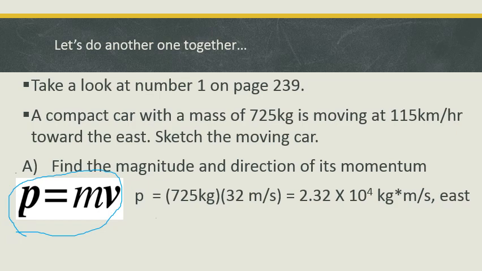So it's simply mass times velocity. So we plug in the mass, the 725 kilograms, and we just multiply by the 32 meters per second. And you will see that that calculates to 2.32 times 10 to the fourth kilogram meters per second east.